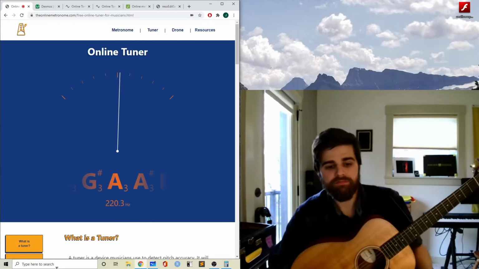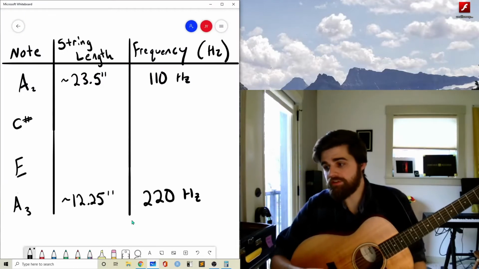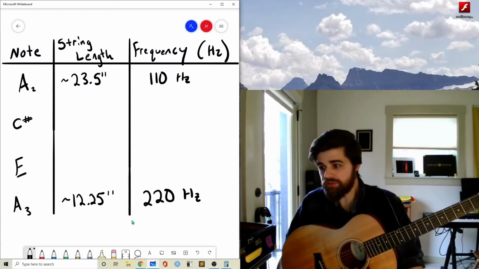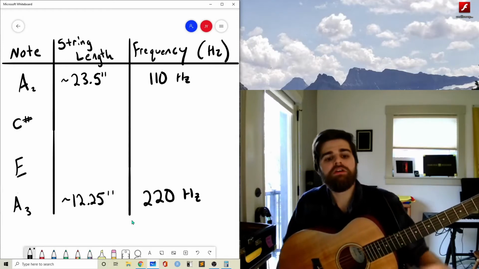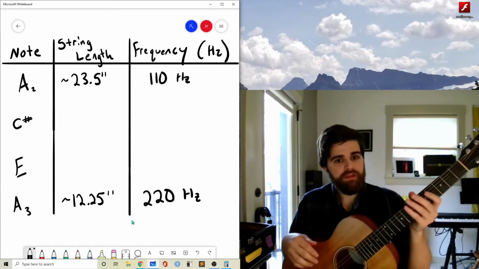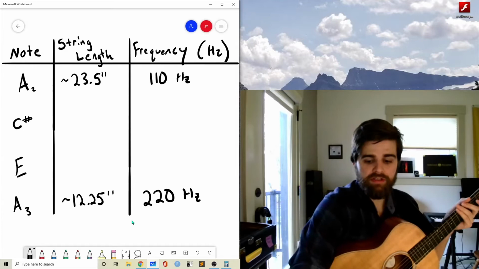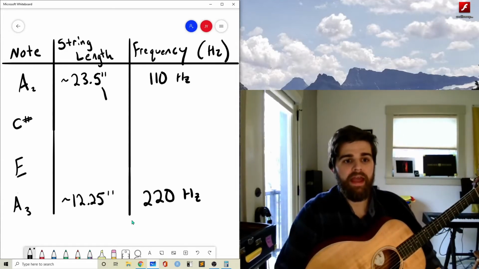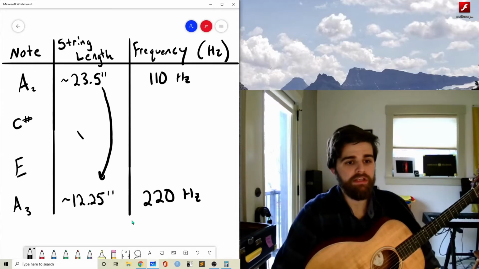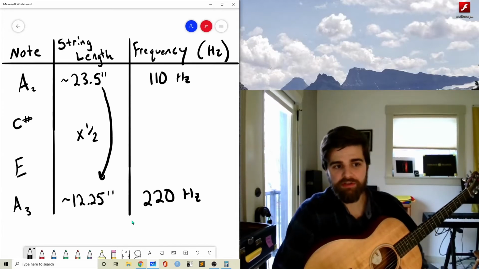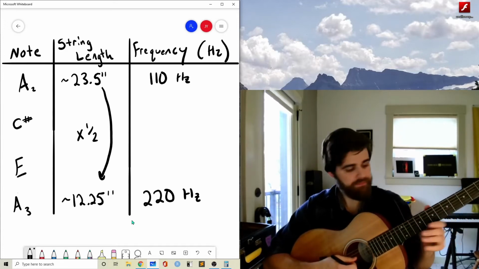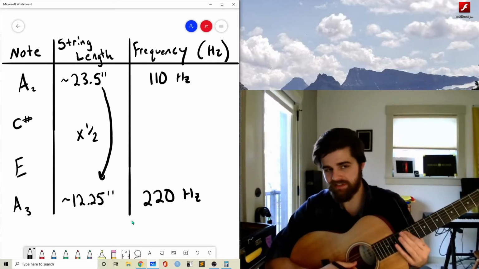Cool. So the way most string instruments work is we change the length of the string with our fingers or with something else to produce a different note. And so you can see a really mathematical relationship happening here. We're going to look at some other notes in a minute, but we're just relating the A, which is an A2, to this A, which is an A3.